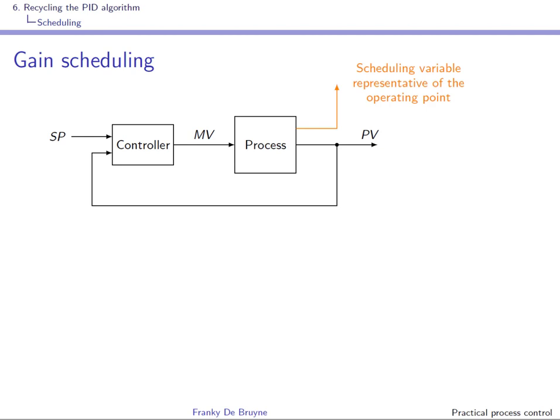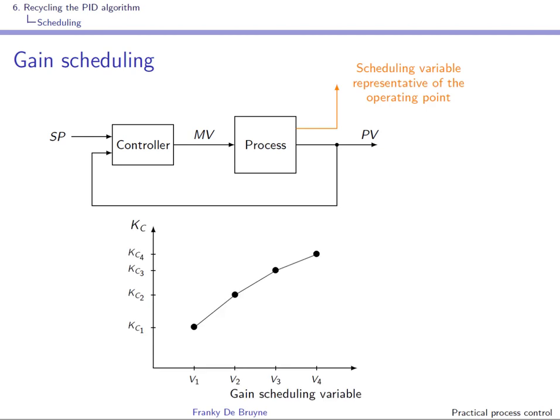For instance, in a paper machine, it's going to be probably the machine speed. Then what you have to do is find a relation between this scheduling variable and the controller gain. And once you have this relation, you can use it to adapt the controller gain.